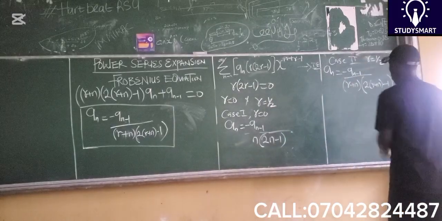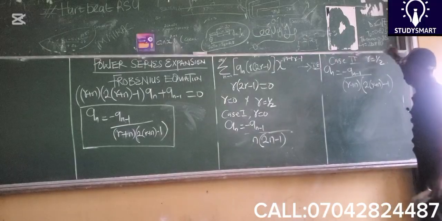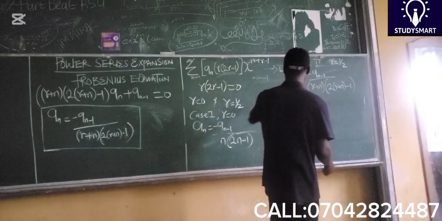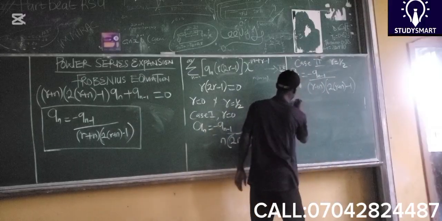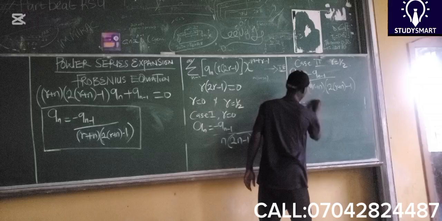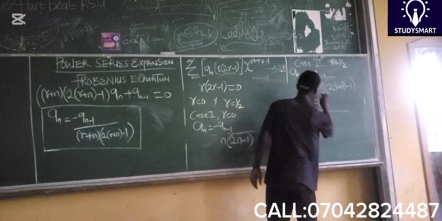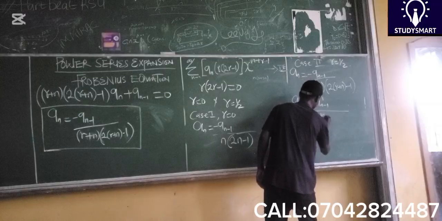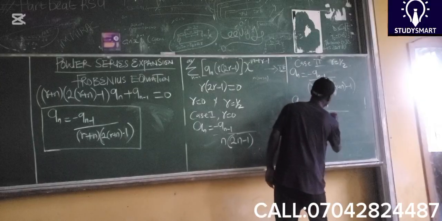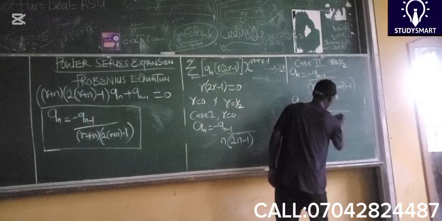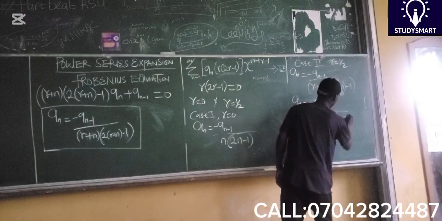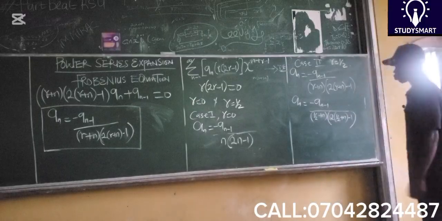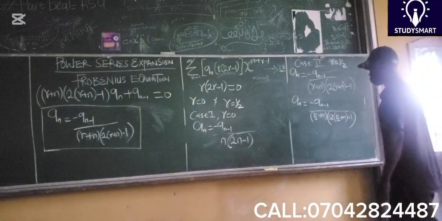Where r is equal to 1 over 2, I'm going to substitute 1 over 2 into this expression. So it becomes minus a_(n minus 1) over (1 over 2 plus n) into (2 into (1 over 2 plus n) minus 1). This is the expression we are going to have.